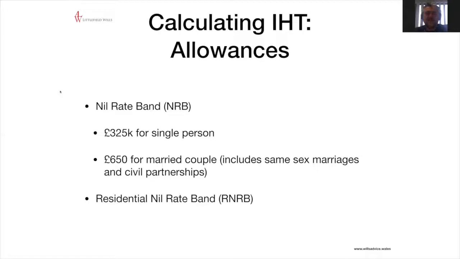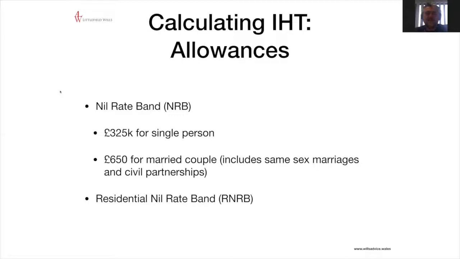If you've got any assets like business or agricultural property, it's a specialist area and you will need to consult an accountant or solicitor before going any further. As I said before, these talks are designed for straightforward estates, and those other issues shouldn't be an issue for you.